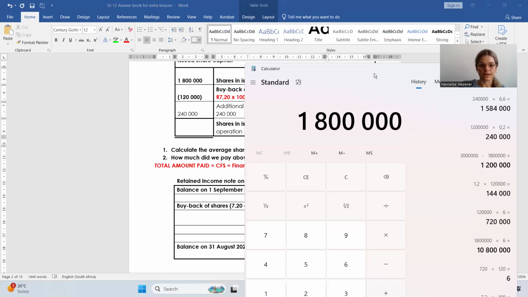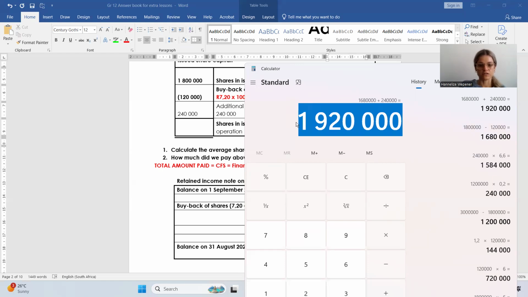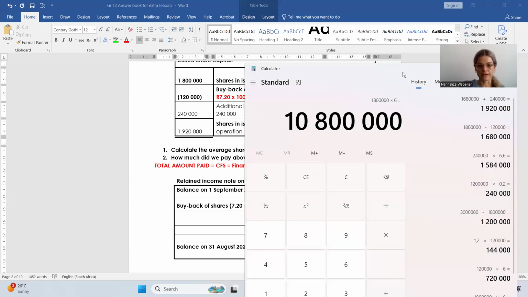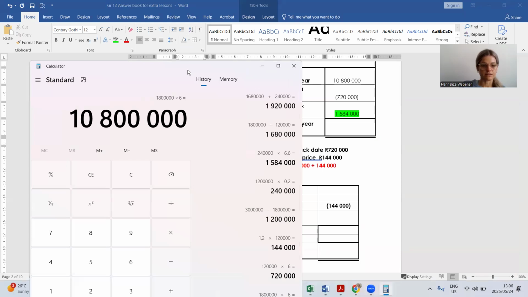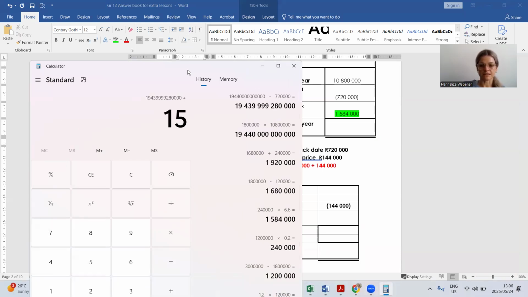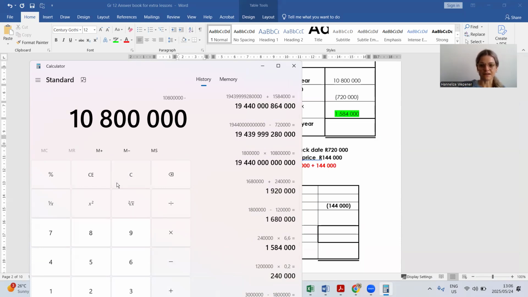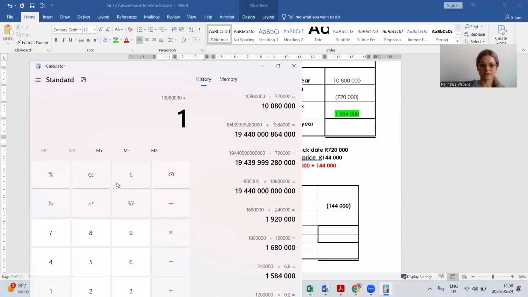So I started with 1.8 million. There was a buyback of 120,000 shares, and then I issued a further 240,000 shares. So I have 1.920 million shares in issue. And then the price minus buyback, so opening minus buyback plus the new shares issued: 10.8 minus 720 plus 1584.